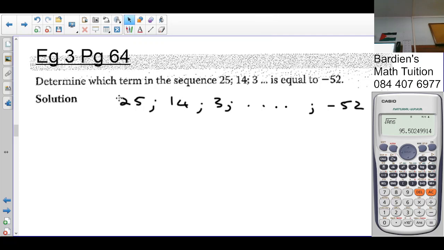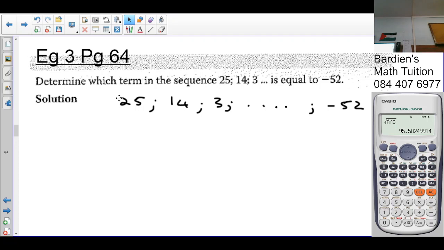Okay. So in other words, if we've got 25, 14, 3, and if that pattern carries on, there will be a term that's equal to negative 52. You guys understand? They want to know which term in that sequence will be negative 52.